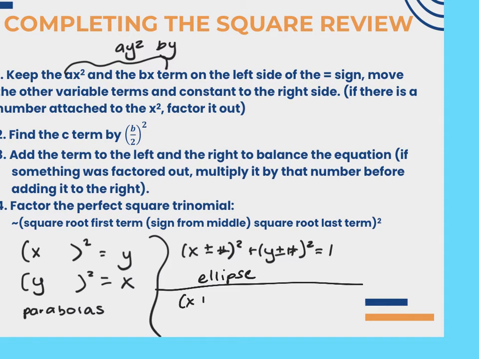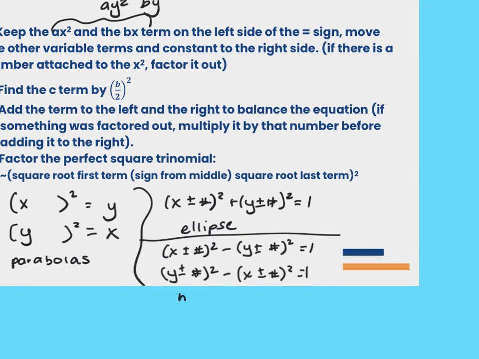Or you'll end up with x plus or minus a number squared minus y plus or minus a number squared equals 1, or the reverse, y first. And those would be hyperbolas.